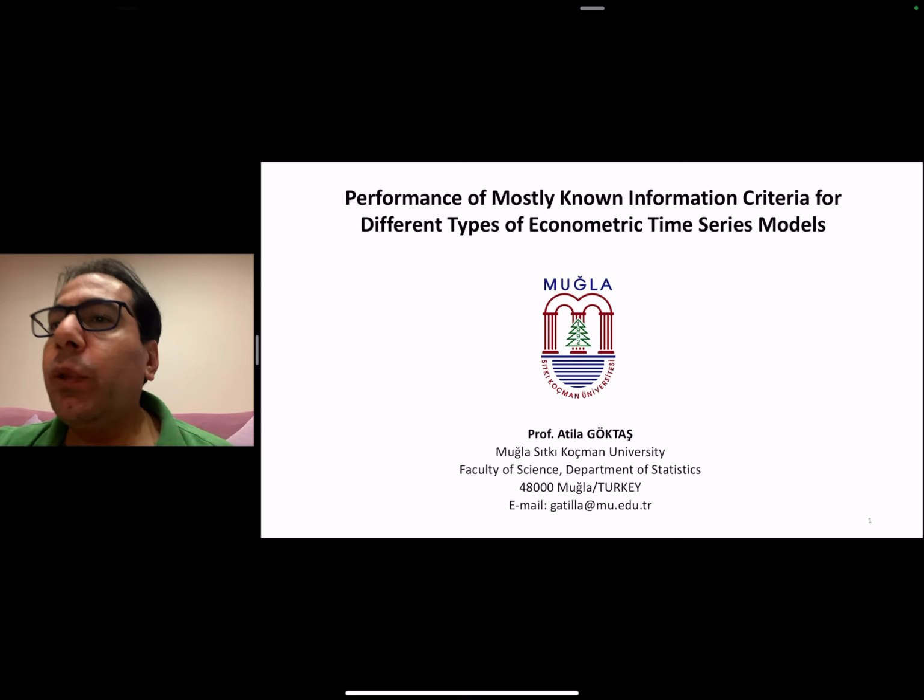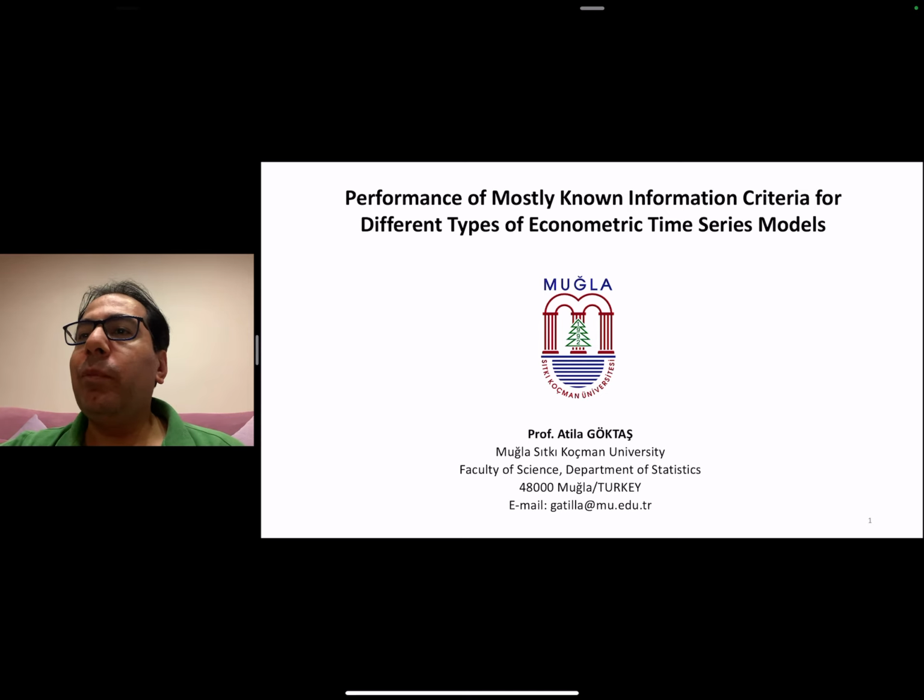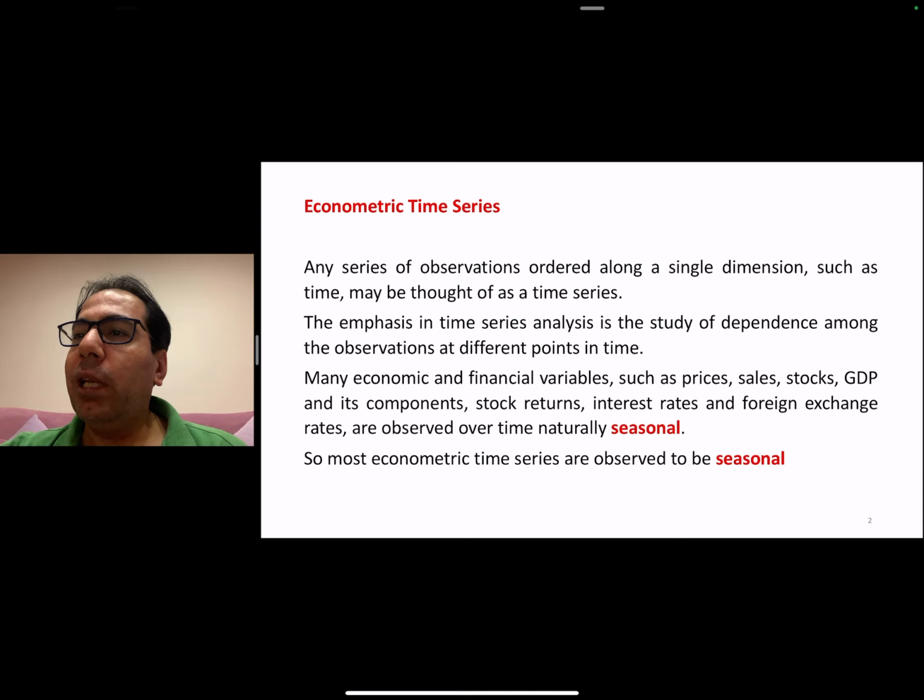Before I start to talk about the performance of the mostly known information criteria, I'd like to mention the time series we use mostly for econometric time series. Any series of observations ordered along a single dimension such as time may be thought of as a time series.